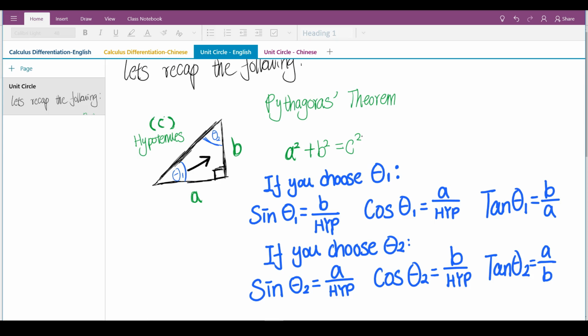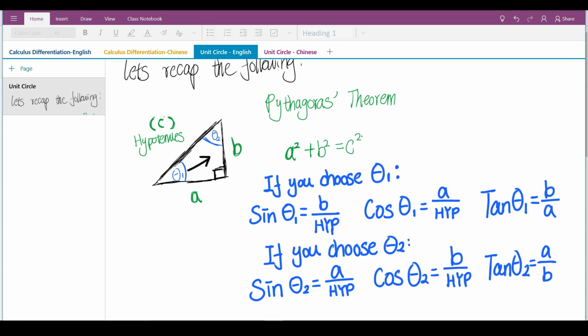Side A. So side A has changed from adjacent with respect to theta 1 to opposite with respect to theta 2. That's the reason I did not write down the names, because they can change.